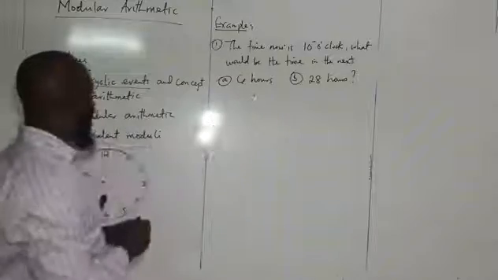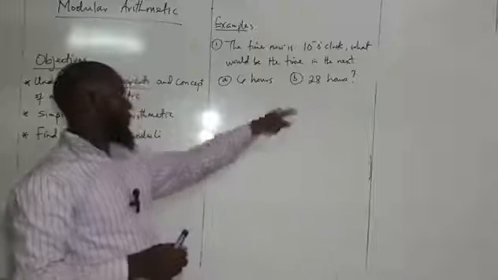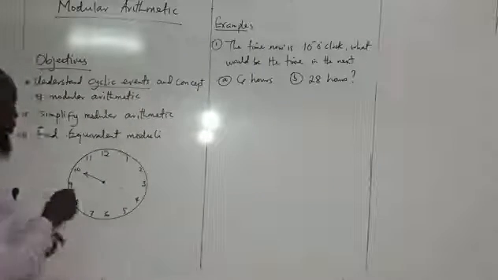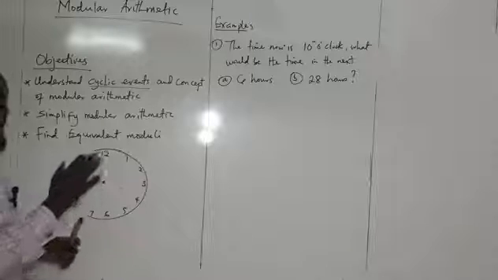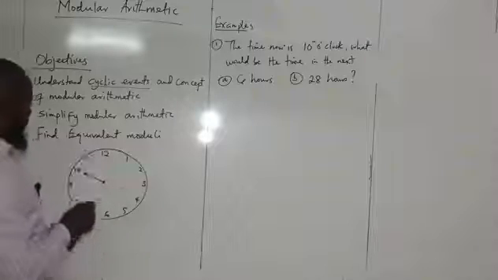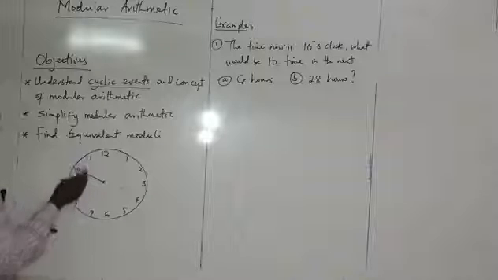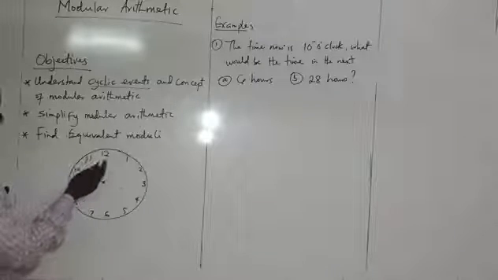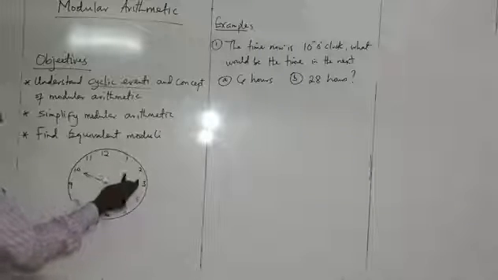That is, after 6 hours, what time will it be? It means we are going to count 6 clockwise, and wherever we get will be the time. So we are not going to start from 10. The next hour will be 11, 12, then 1, 2, 3, 4, 5, 6.